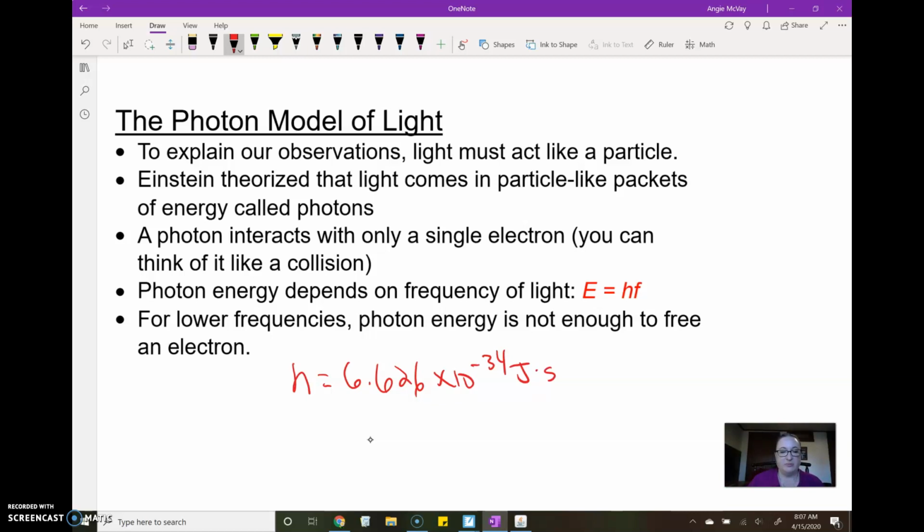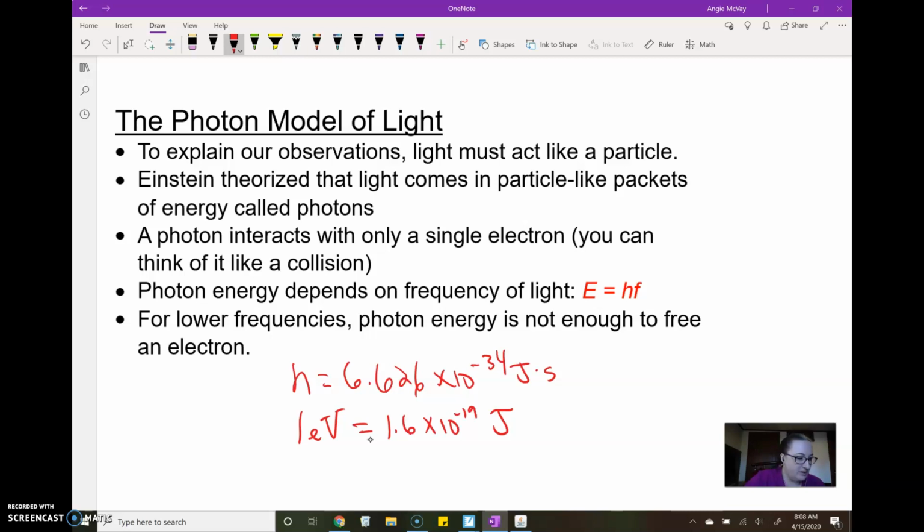That can be written in terms of electron volts also. Just if you remember that 1 electron volt is equal to 1.6 times 10 to the minus 19 joules. So there are that many joules per electron volt. Okay, so you would just want to divide Planck's constant by 1.6 times 10 to the minus 19, and you'll get the constant in electron volts as needed.